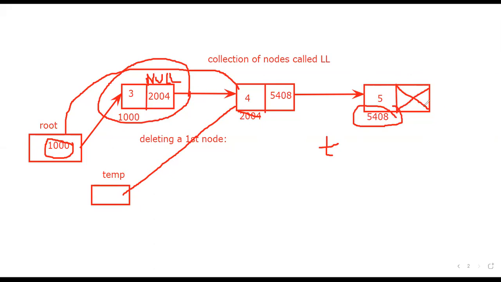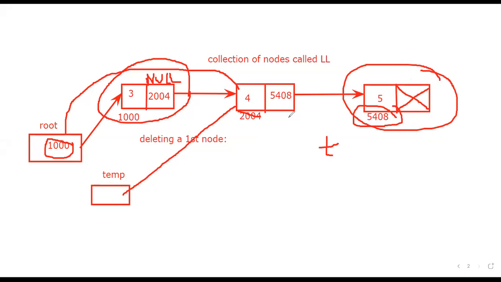I will connect this address to node 4. Then the link will be deleted on this side with the help of the temp variable. After removing this link, I can make it null. After making it null, it will be freed by using the free function. That is the case of deleting a node at the end.